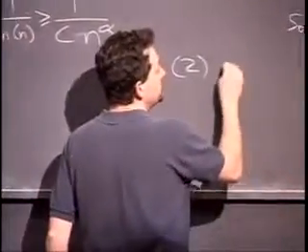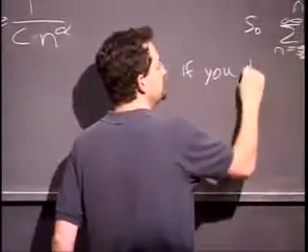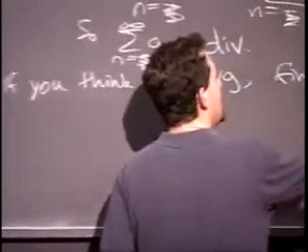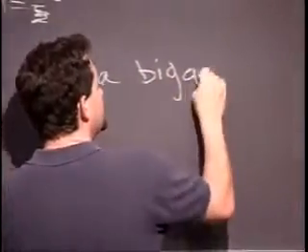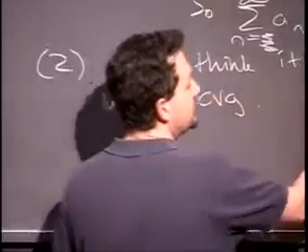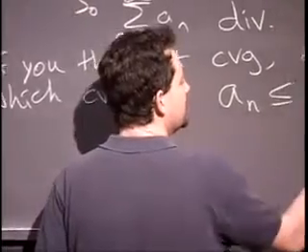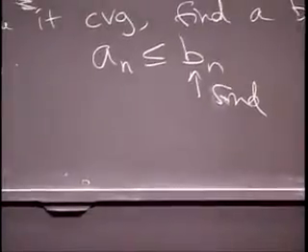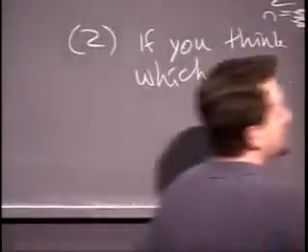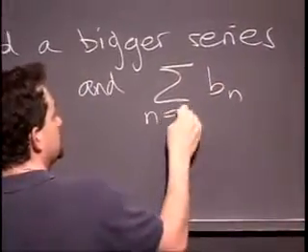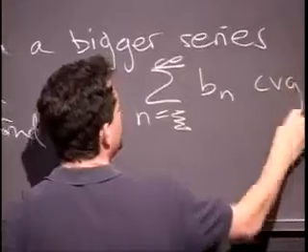To get the convergence, if you think it converges, find a bigger series which converges. So now we're trying to find a b_n that's bigger. Find this, and you want the new series to converge.